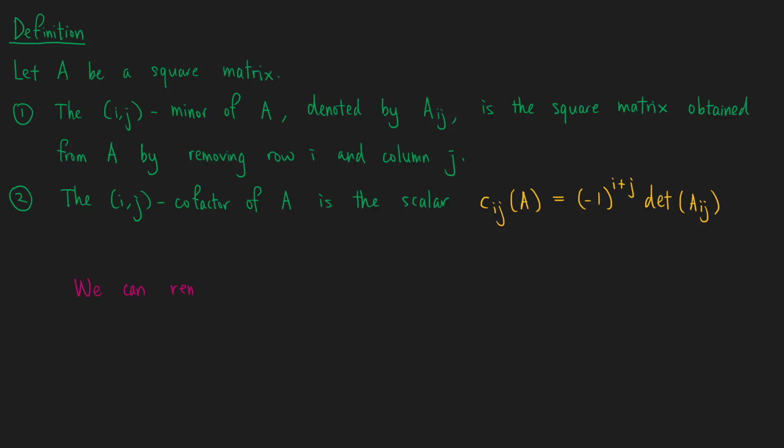Note that the signs of the cofactors, namely (-1) to the i plus j, can be remembered using the following diagram. The top left entry is always a plus, and the signs alternate between plus and minus as we move away from this entry. Let's see some simple examples of these two definitions.